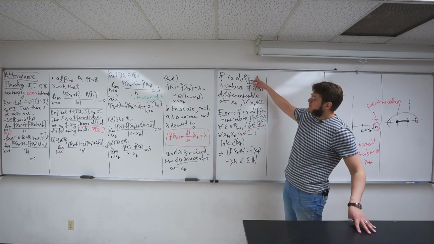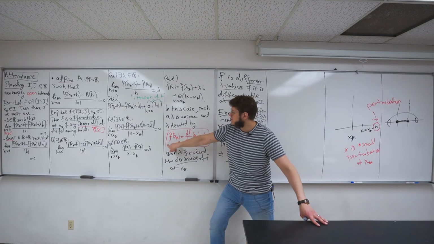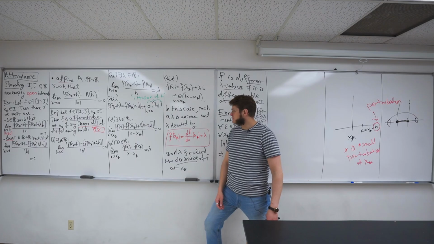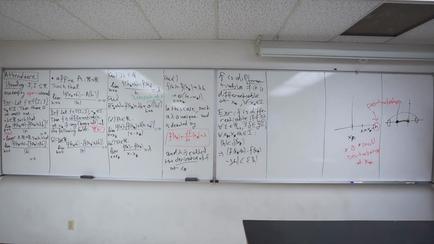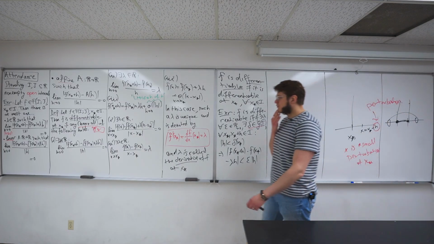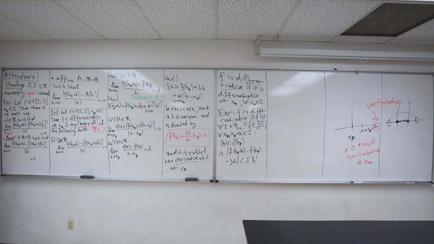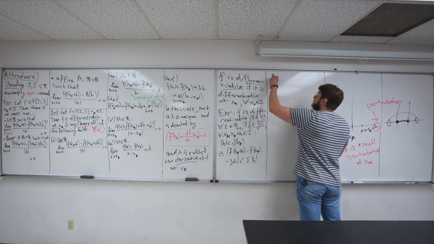Because if f is differentiable, then for each x star I have some number, which means that I can think of f prime as a function in and of itself. And so typically, people would require something from f prime also. The first type of property, of course, is that f prime is continuous. That's called a continuously differentiable function.